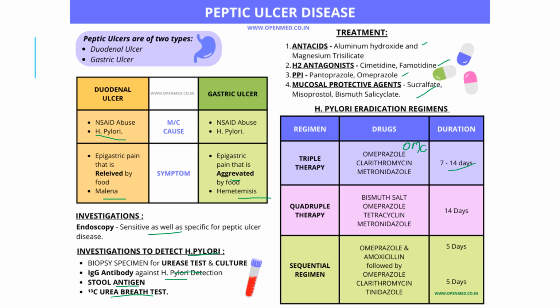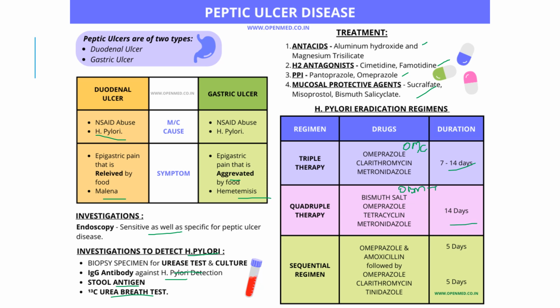After the 7 to 14 days, after stopping of the drug, 2 weeks later, you can do a urea breath test again. If there is complete eradication, you may not repeat the regimen. Otherwise, you will have to go for a repeat therapy with maybe a quadruple therapy. This quadruple therapy, you can remember like OBMT, that is omeprazole, bismuth subsalicylate, metronidazole, tetracycline for 14 days.